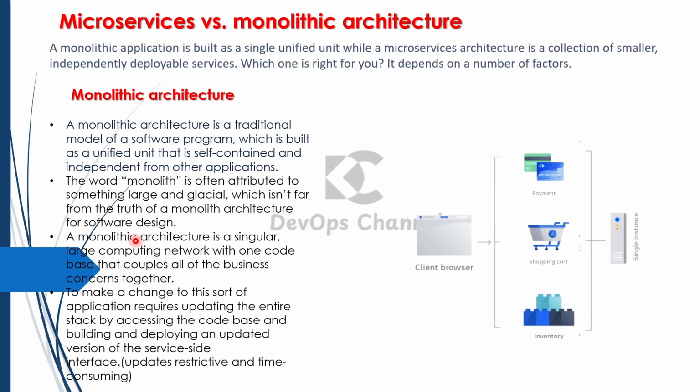A monolithic architecture is a singular large computer network with one code base that couples all of the business concerns together. Okay, so it's combining all the pieces of code, all the business concerns that are in different departments.